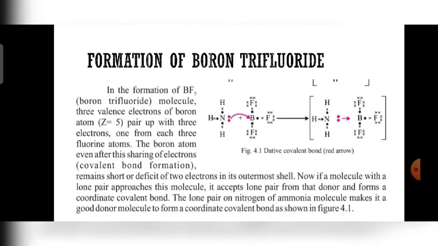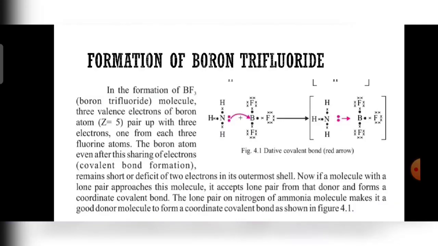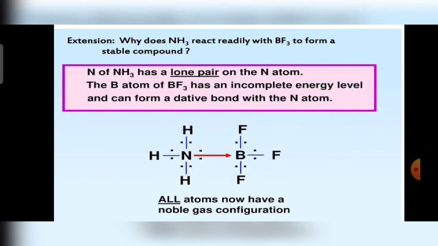So next is the formation of boron trifluoride, and here is an example you can see. This is the formation of boron trifluoride, and the formation of a bond between boron trifluoride and ammonia.